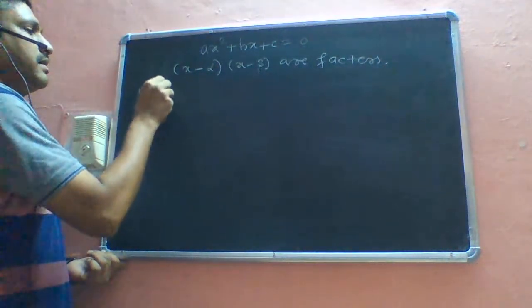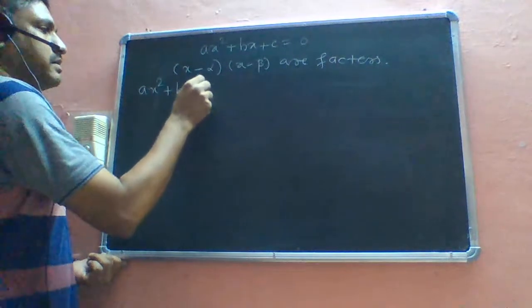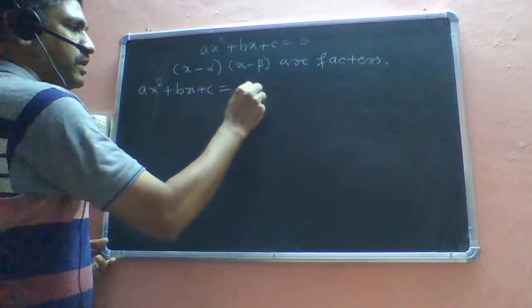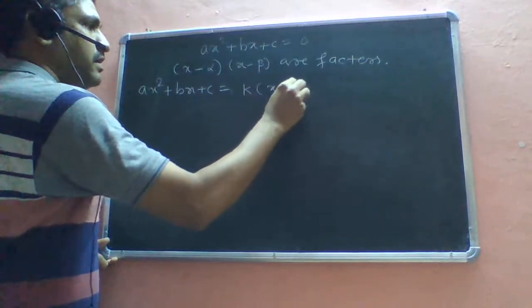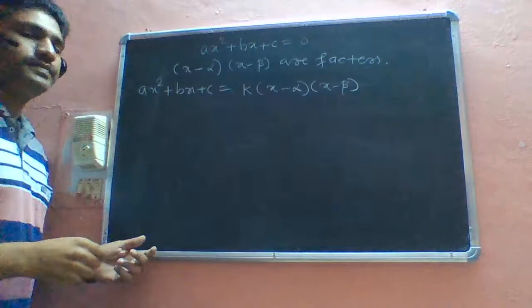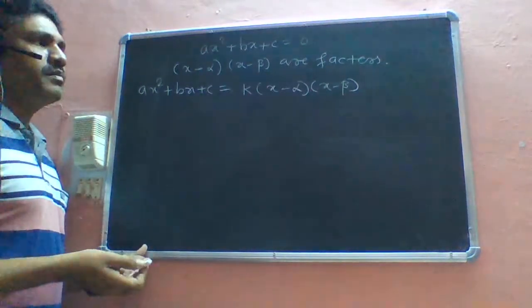So I'll write it like this: ax square plus bx plus c is equal to k, some constant is always there, times x minus alpha into x minus beta, where k is some constant, it can be anything.